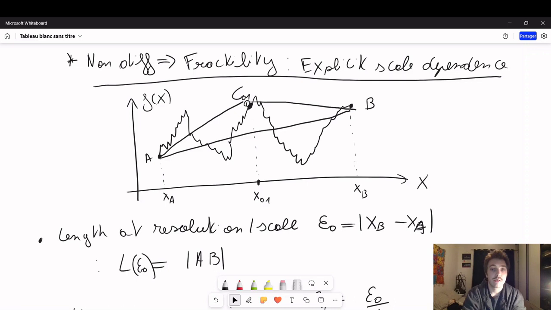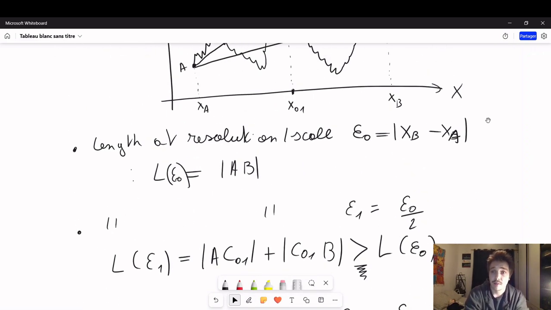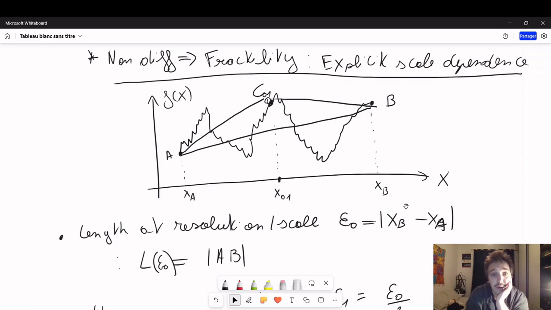So let's do it once more. The length at resolution epsilon 2, so epsilon 1 divided by 2, and then epsilon 0 divided by 4. We can also find a point close to the middle of xa and x01, let's call it x11, and then a point close to the middle of x01 and xb, let's call it x12.